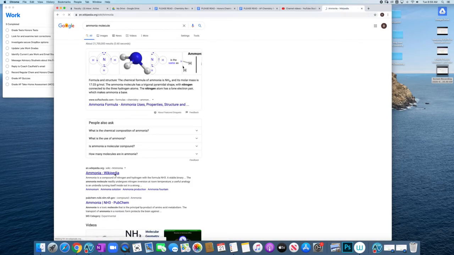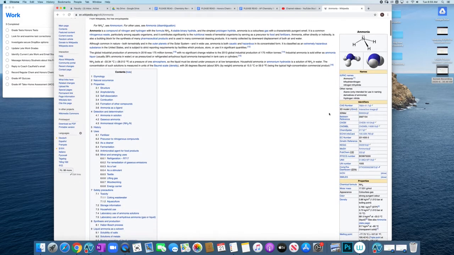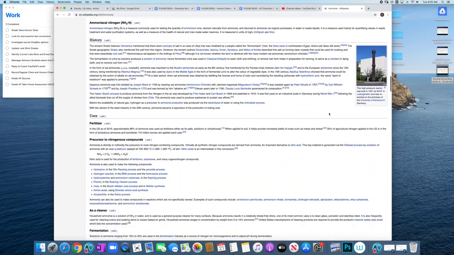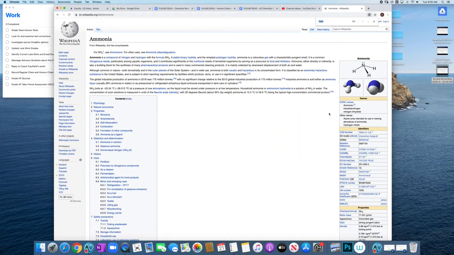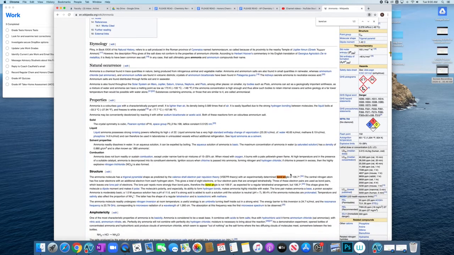And the bond angle, they don't have it here up top. They've got to have a Lewis structure somewhere that's showing the bond angle. There's all sorts of other things they're saying about ammonia, but bond angle. Okay, so here in the structure, experimentally determined to be about 106.7 degrees, so close to 107 degrees.